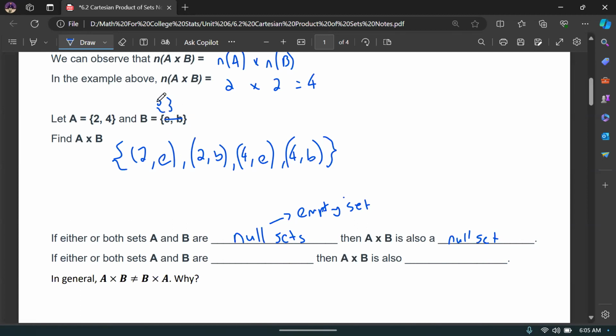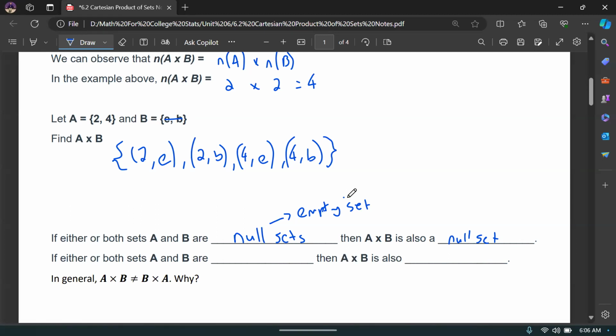So if this is empty, then there's no way to combine them, which is why it's saying that A times B is also a null set, meaning you can't do it. It would also be an empty set. It's basically like multiplying by 0. If you can't multiply by something, then you're not going to have anything there. Kind of like if you multiply by 0, you end up with 0. It's kind of the same philosophy.